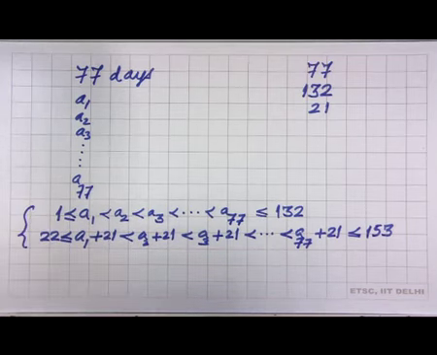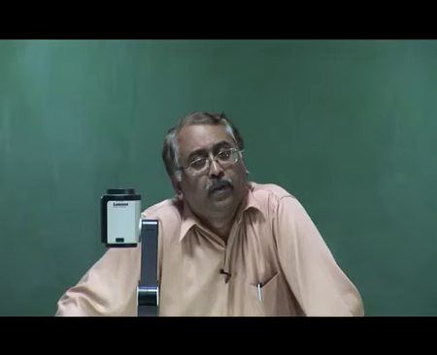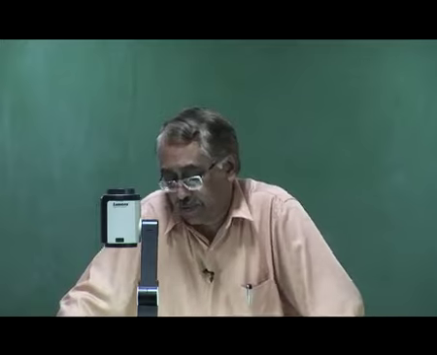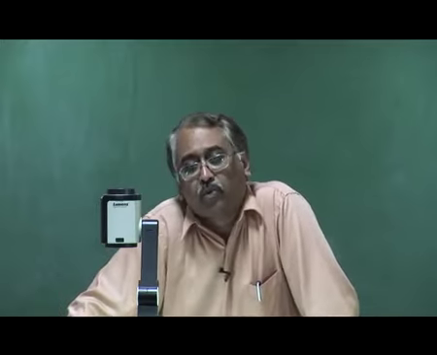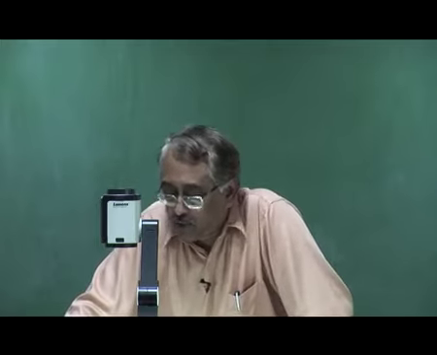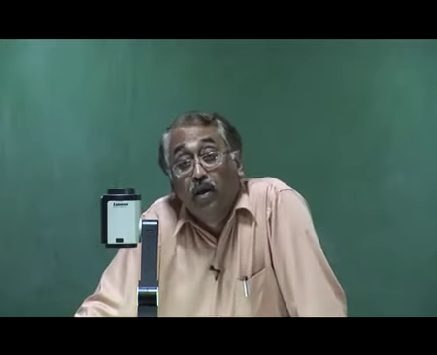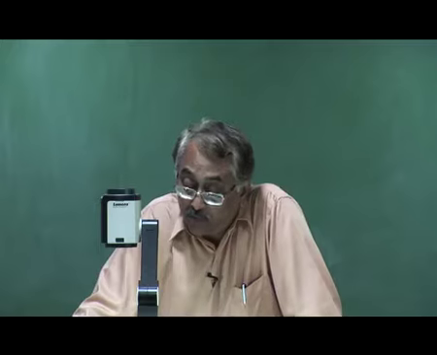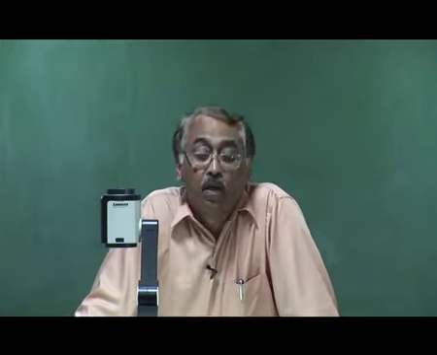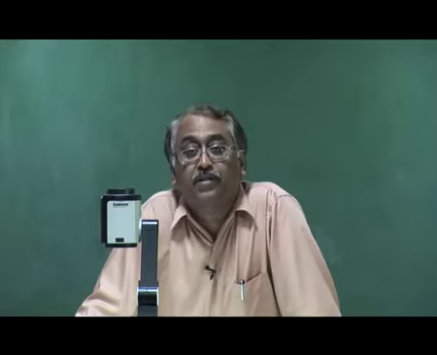Why did I think of this second sequence? The first sequence explains itself. The first sequence is simply data. I'm just reformulating the problem in terms of what I know, in terms of symbols. Why did I think of the second sequence? Because if you look at the second sequence, A1 plus 21, A2 plus 21, and so on, I'm hoping that one of the terms in the second sequence equals one of the terms in the first.